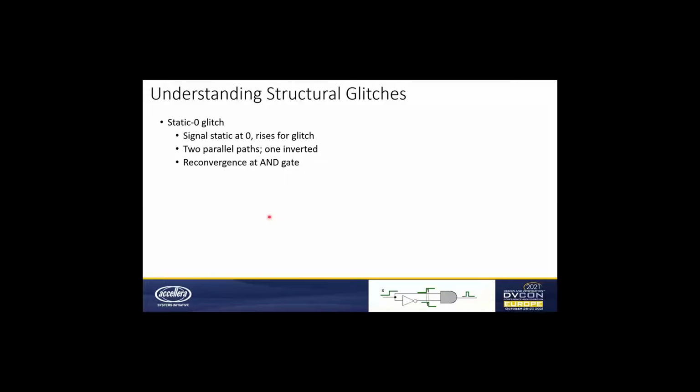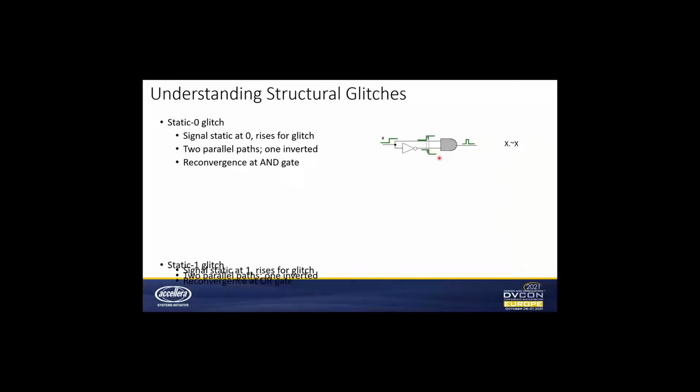Let's first understand the different glitches and how we can narrow them down in the combinational logic. The first one is the static zero glitch. The static zero glitch is mainly formed by the convergence of two paths, X and not of X. Whenever we see logic of X and not of X combining in the combinational logic in the design, we can say that a static zero glitch can be introduced.